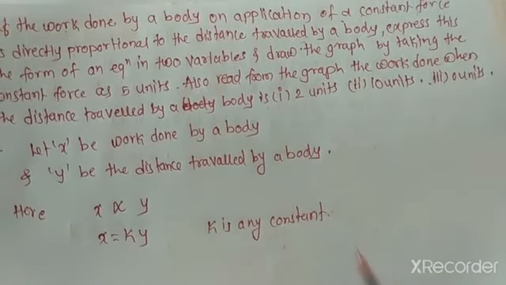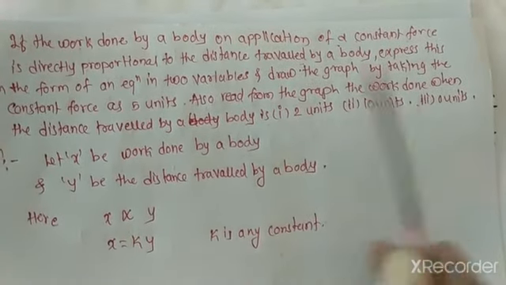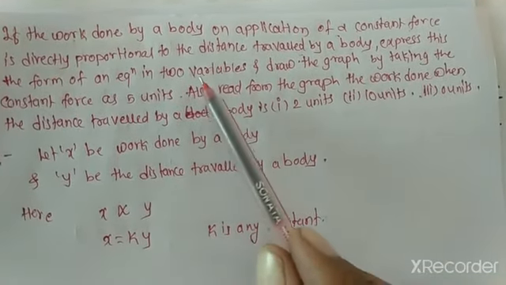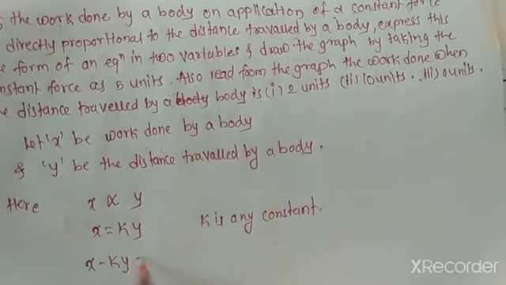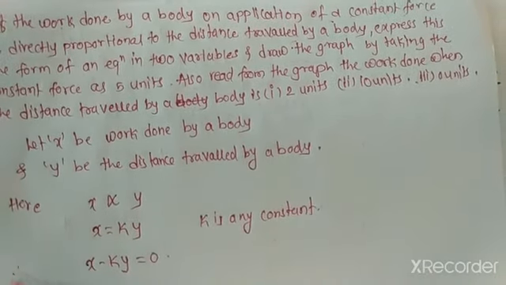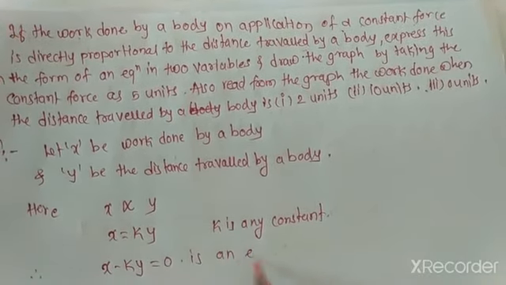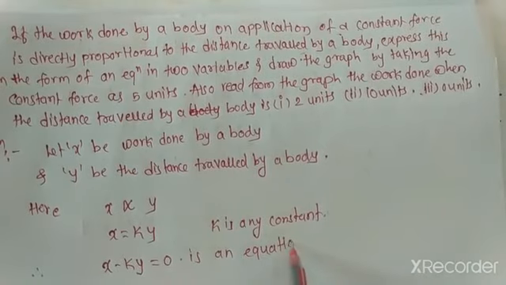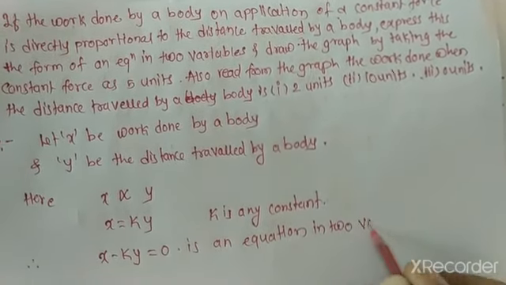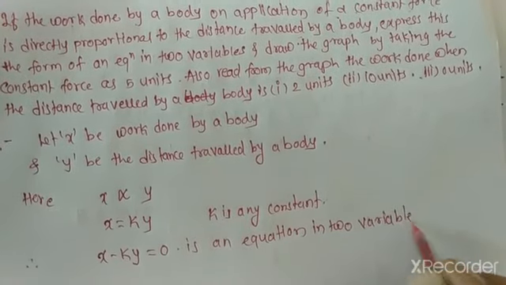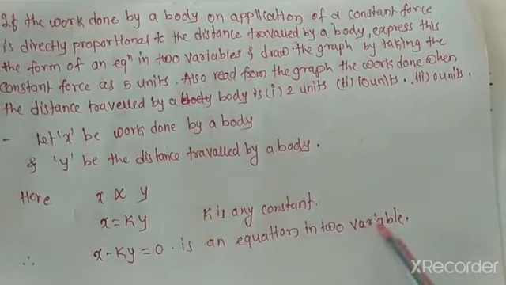Okay, so our equation, expressing this in the form of an equation in 2 variables, will be x minus ky is equal to 0. Therefore x minus ky is equal to 0 is an equation in 2 variables. Okay, this is our first part.